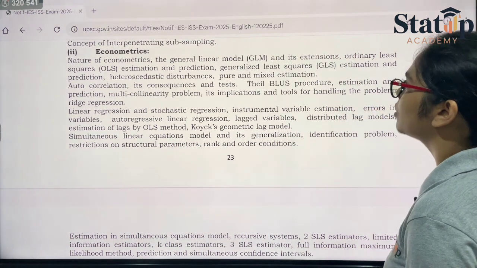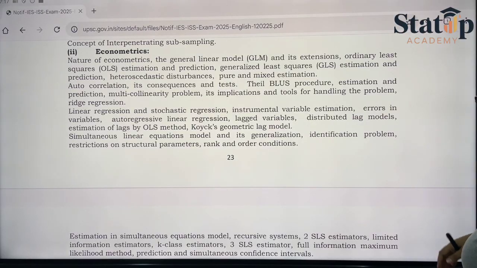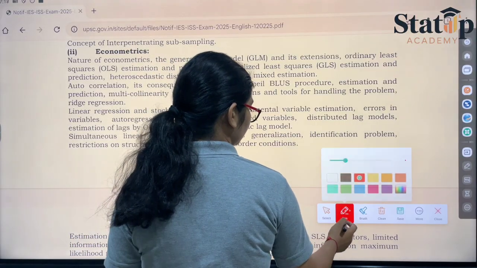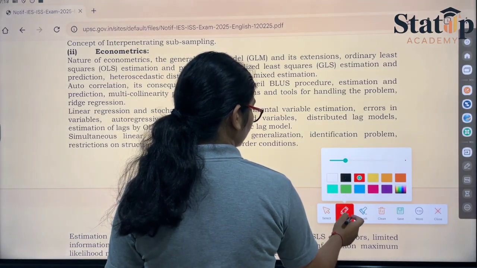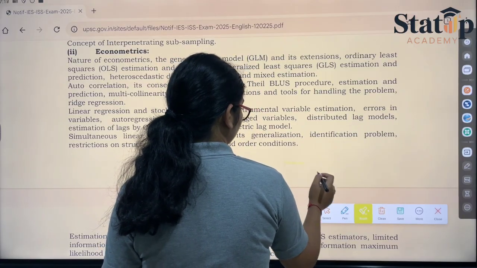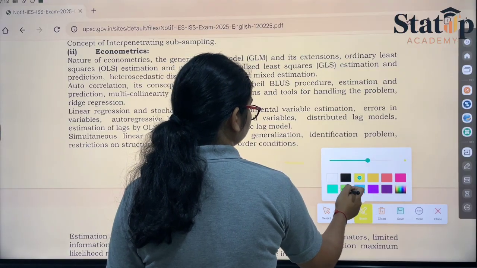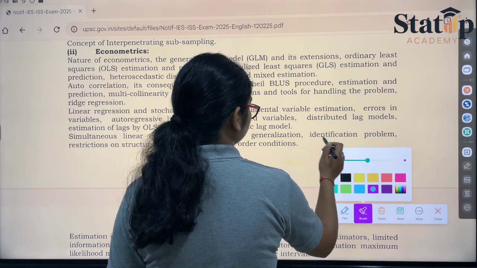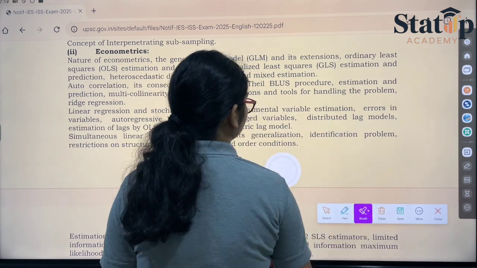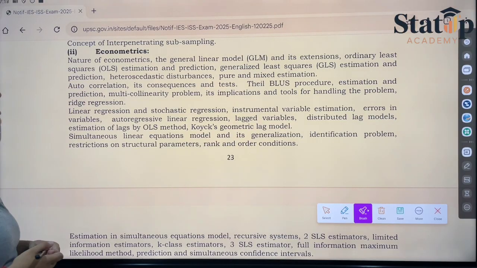So this is the syllabus of econometrics. Econometrics, nature of econometrics, we have considered in the first class.